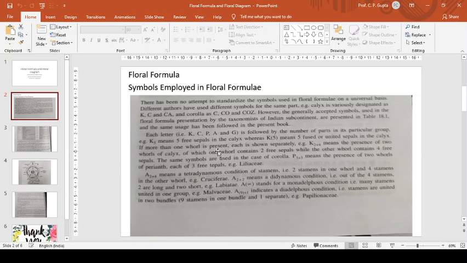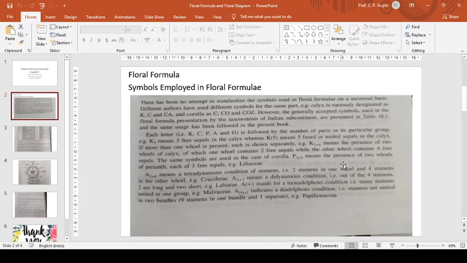If more than one whorl is present, each is shown separately. Example, K2+4: 2 in one whorl and 4 in another whorl. It means the presence of two whorls of calyx, of which one whorl contains 2 free sepals, while the other whorl contains 4 free sepals. The same symbols are used in the case of corolla.